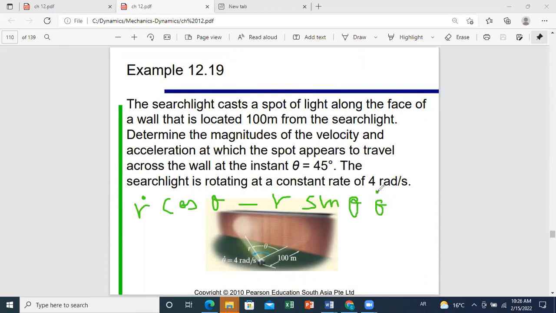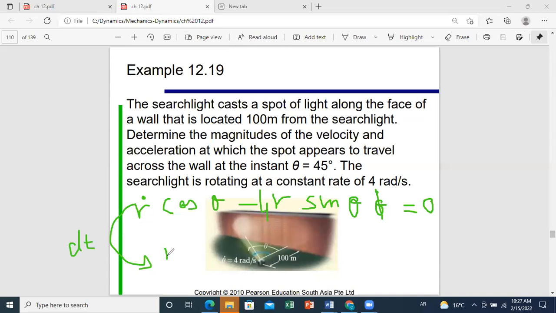Let us derive this relation. Also, since theta dot is constant, it will be easier to directly replace it, so you don't have to derive it, since it's a constant. Its derivative is 0. Then if you derive this expression with respect to time, you get the following.